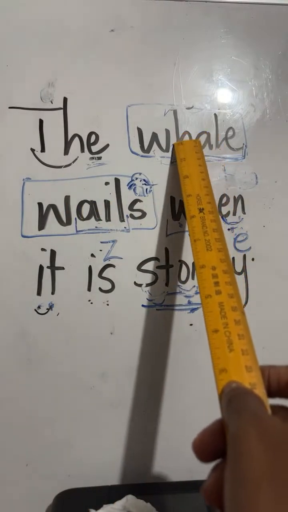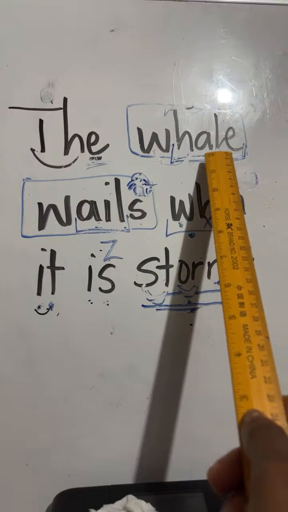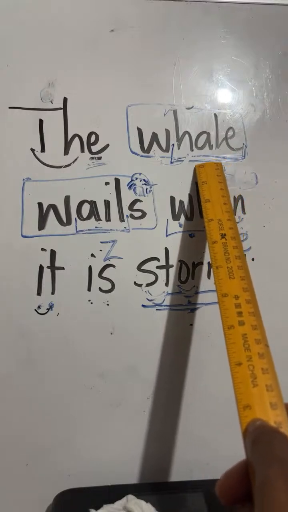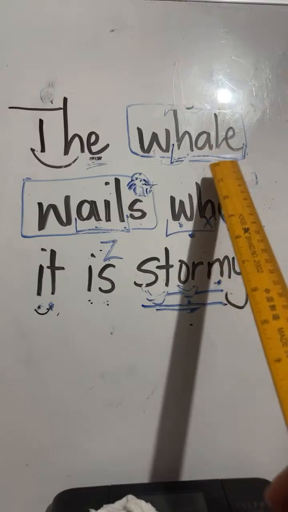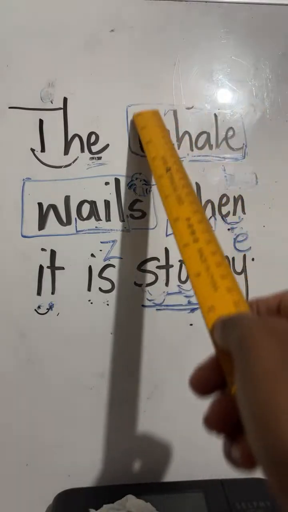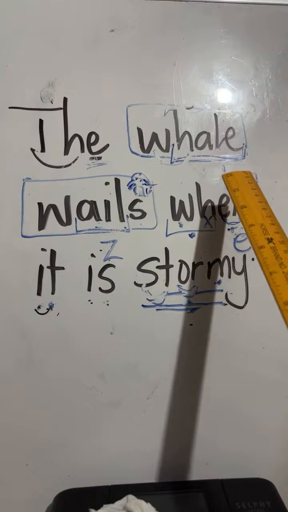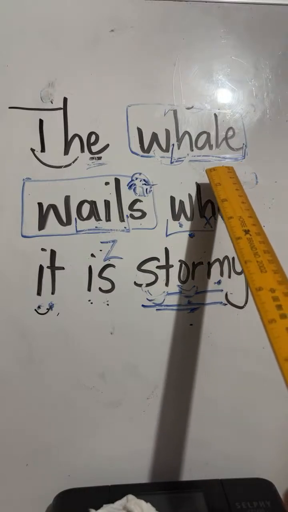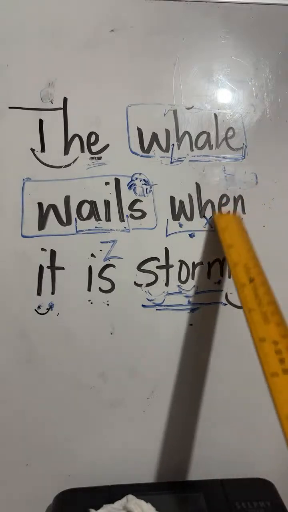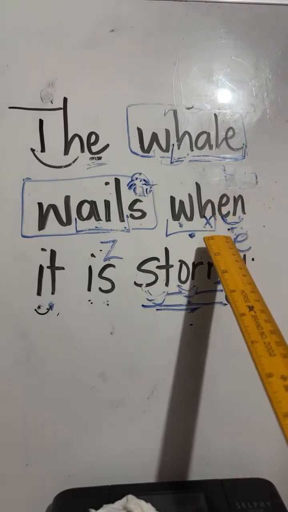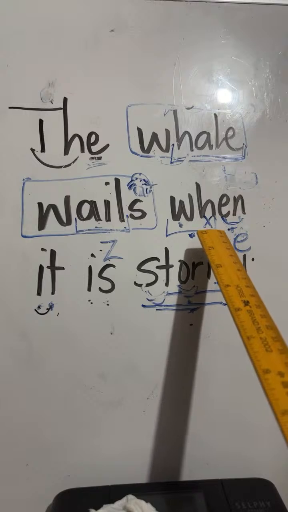This one, we can see hail in it, like when you inhale or breathe in. This would help us to remember that this is talking about an animal that can use its lungs to breathe in air. Okay?